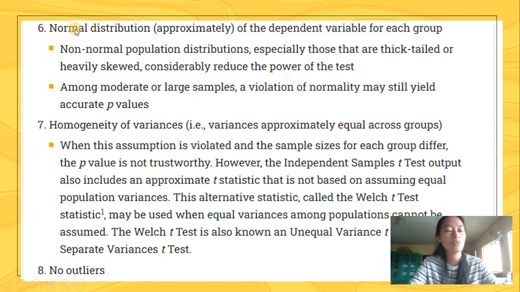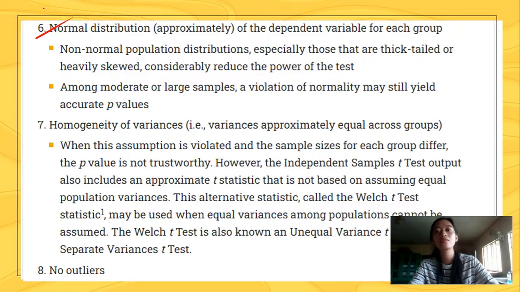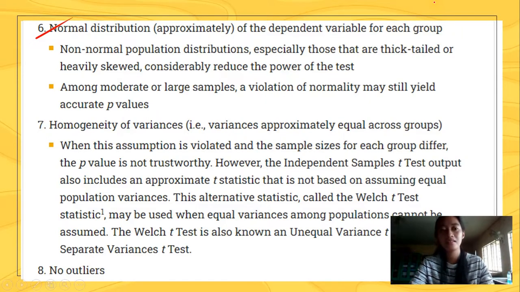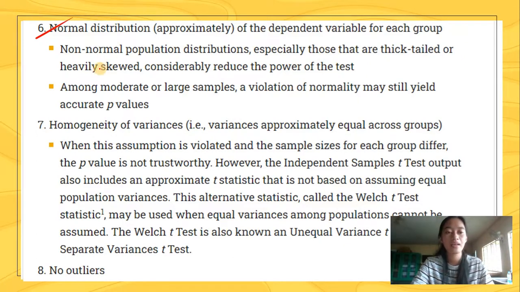Number 6, normal distribution or approximately normal distribution of the dependent variable for each group, or of the data that you got. So we also have tests for normality. You can read more about this one. This can also be fixed by the other research design principles that we have discussed. And number 7, homogeneity of variances.